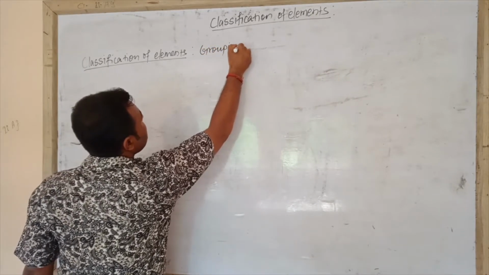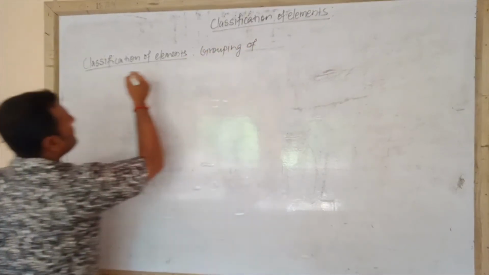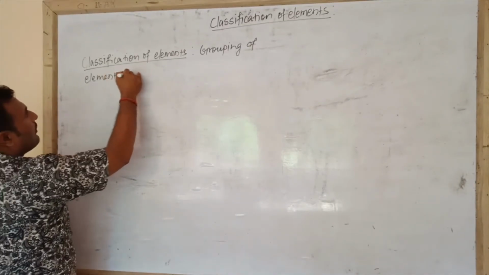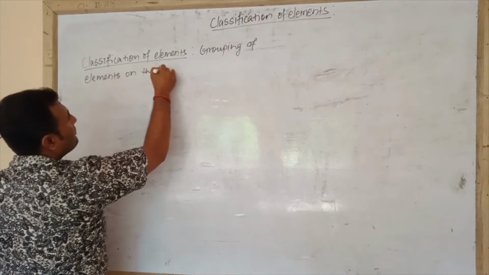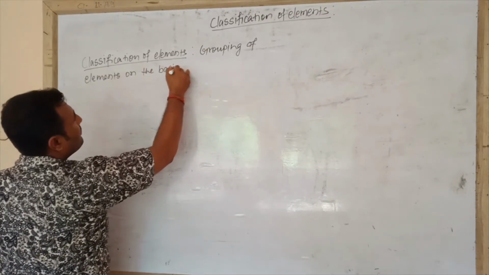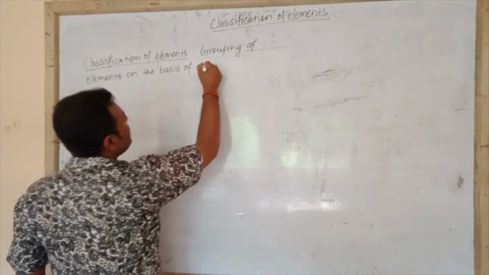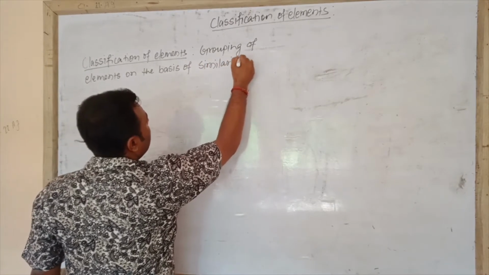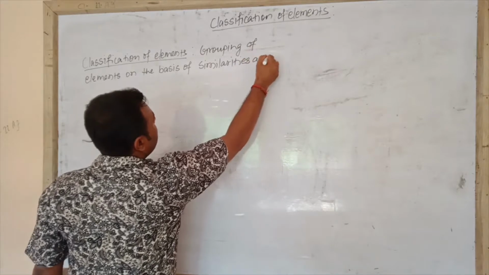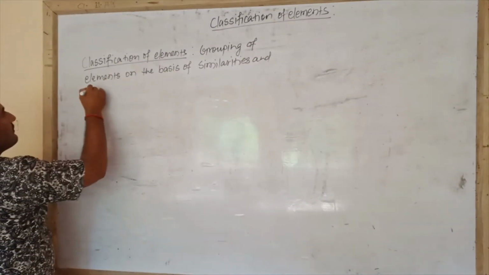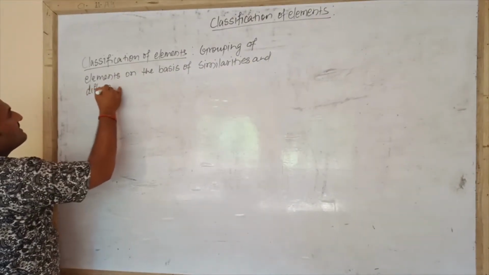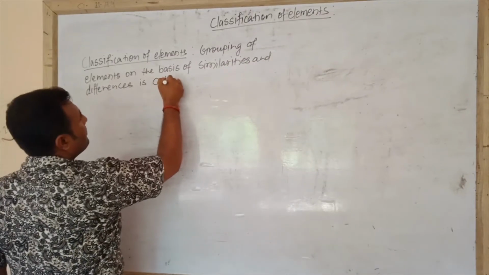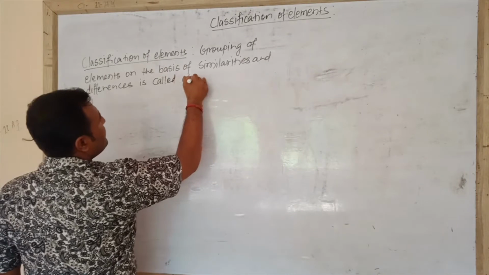Grouping or arrangement of elements on the basis of similarities and differences is called classification.